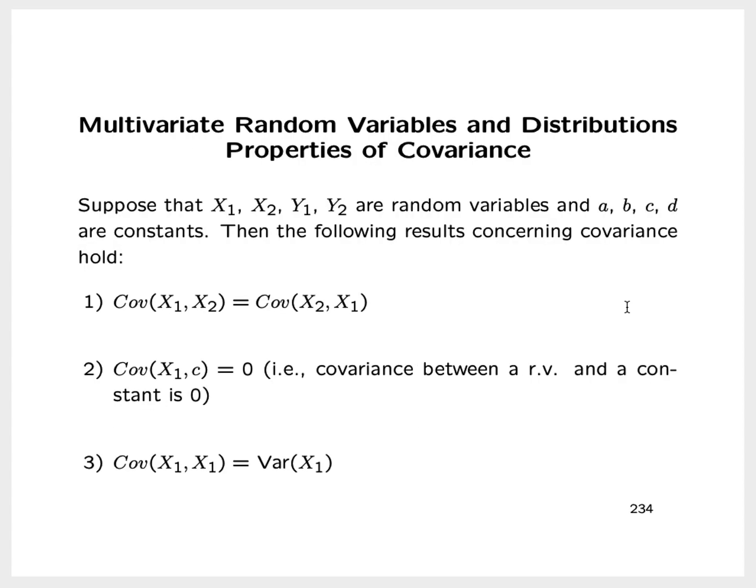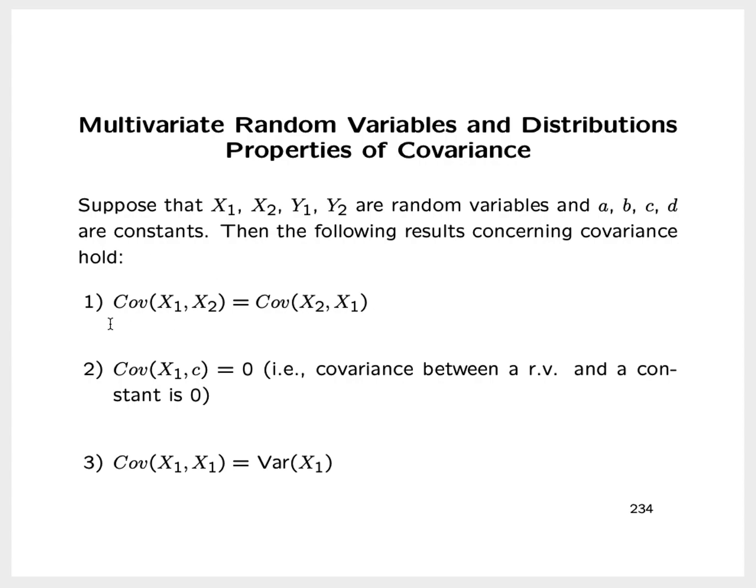Now there are some nice properties of covariance that we need to know about. So let's take a look at these. Suppose that x1, x2, y1, and y2 are random variables, and let a, b, c, and d be constants. Then the following results concerning covariance hold.